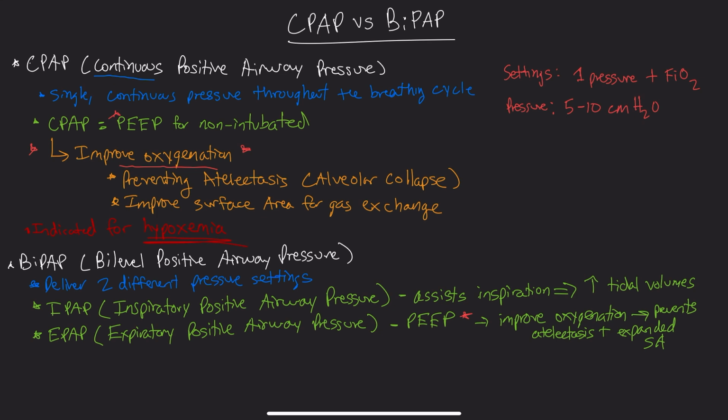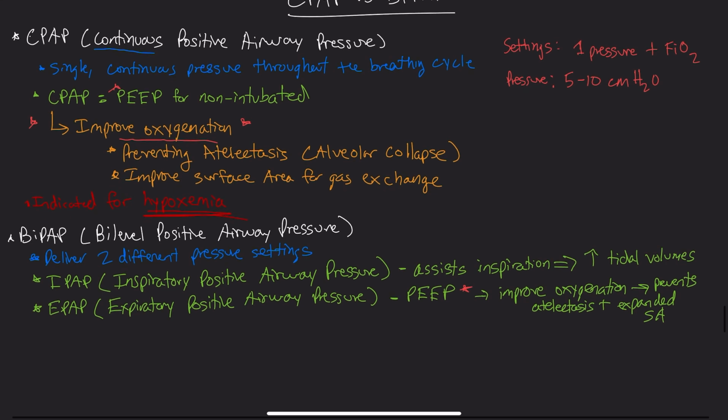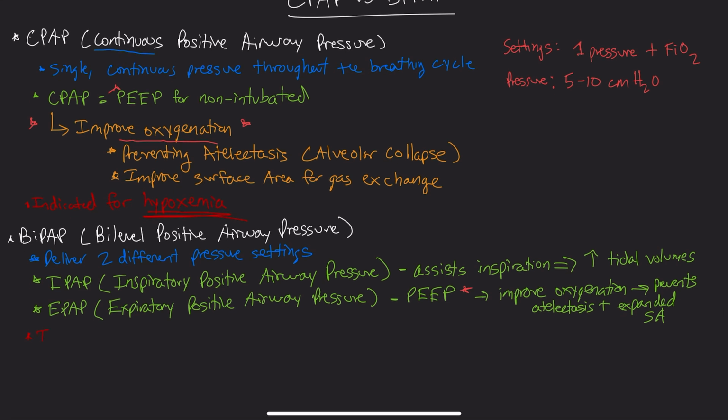Okay. So with BiPAP, this is going to be indicated for, so it can improve oxygenation just like CPAP, right? So that could be hypoxemia. Where it differs here is with this inspiratory pressure to help take larger tidal volumes. It can help improve hypercapnia.